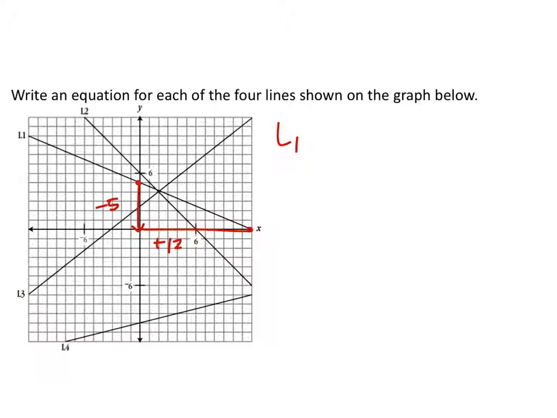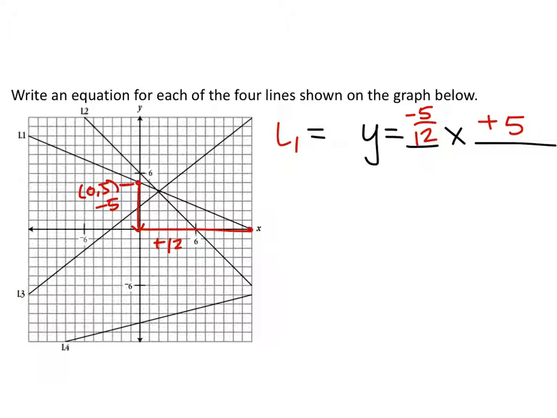We'll write this out: y equals the slope times x plus the y-intercept. The slope is down 5, to the right 12. That's already simplified. And we see that it goes through the point (0, 5), which is the y-intercept. So the y value would be positive 5.